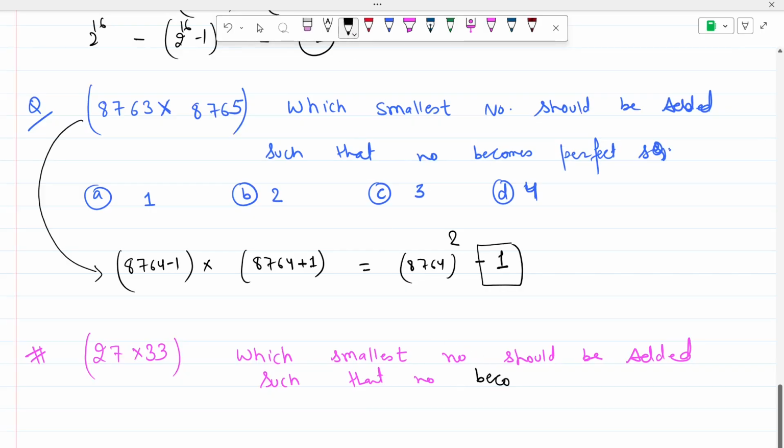You can start your solution. Your options are same: one, two, three, and four.